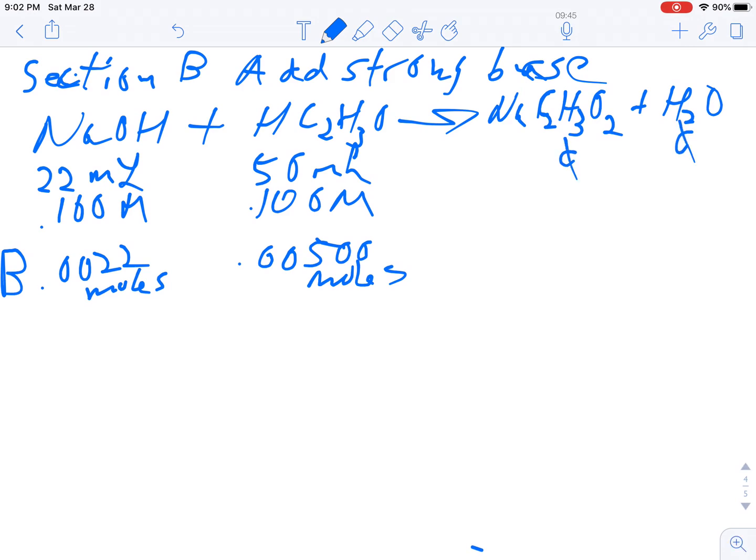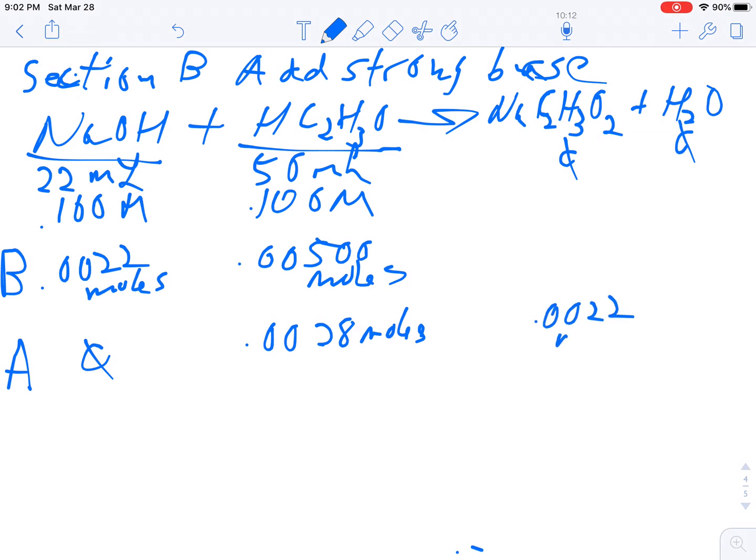Okay? Well, what do I have more of? Do I have more hydroxide or more acetic acid? So all of this is going to react, and I will end up with 0.0028 moles, which means I'll end up with 0.0022 moles of that, and I really don't care about the water.